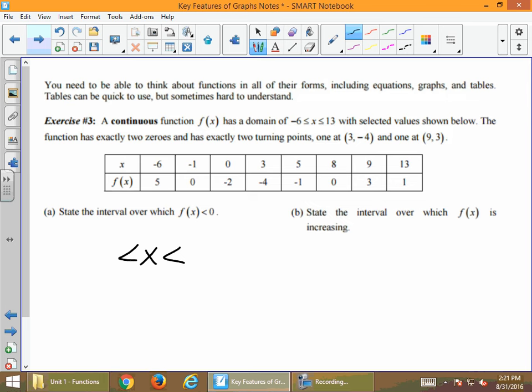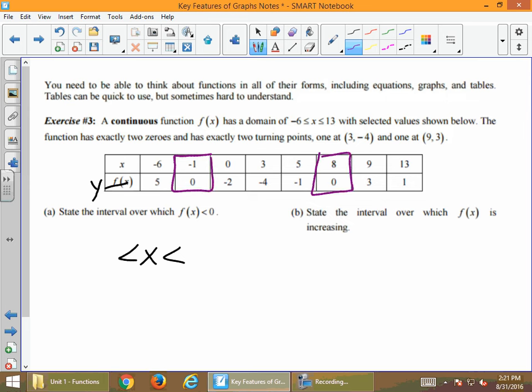And then what goes at each end? What part of your graph? The x-intercepts. So look at your table to find your x-intercepts. What's the y value at every single x-intercept? It's 0. And again, we said f of x is a fancy form of saying y. Well, we have a 0 here and a 0 here.